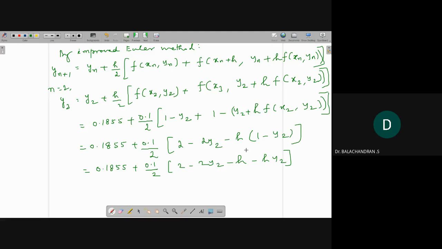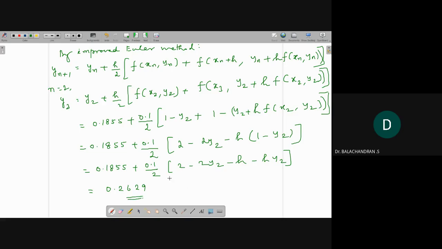So I think you can tell the answer now. Substitute the value of h and y2, and you get 0.2628. Yes, correct: 0.2629. This is the book answer.